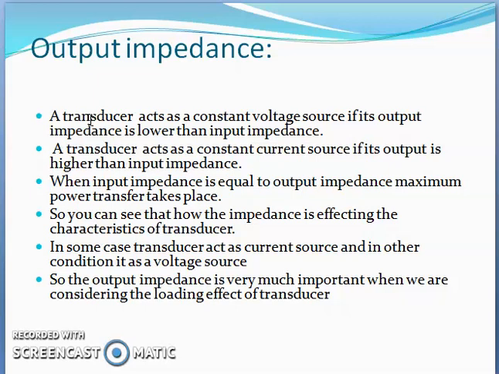And the transducer acts as a constant current source if the output impedance is higher than the input impedance. And when the input impedance is equal to the output impedance, the maximum power transfer takes place from input to output. That is called the maximum power transfer theorem.